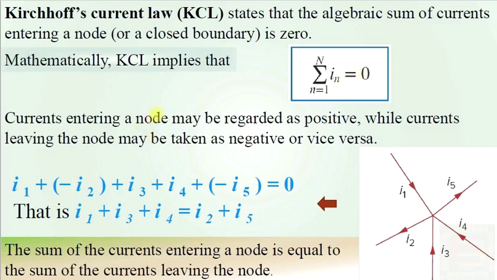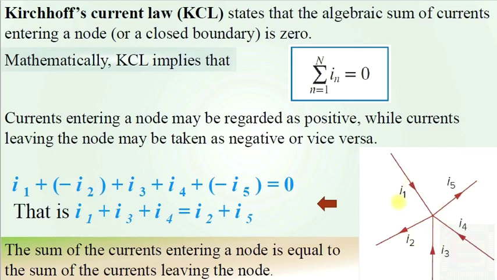So here, algebraic sum means you have to assign a positive or negative sign depending upon whether the current is flowing into a particular node or flowing out of the node. In this example, I1 is marked as current coming into the node, and I5 and I2 are flowing out of the node.